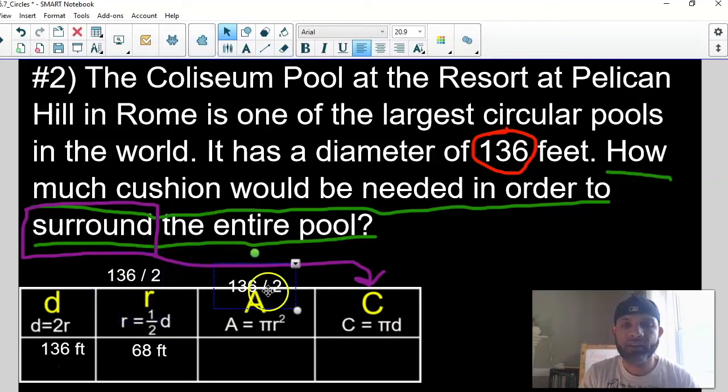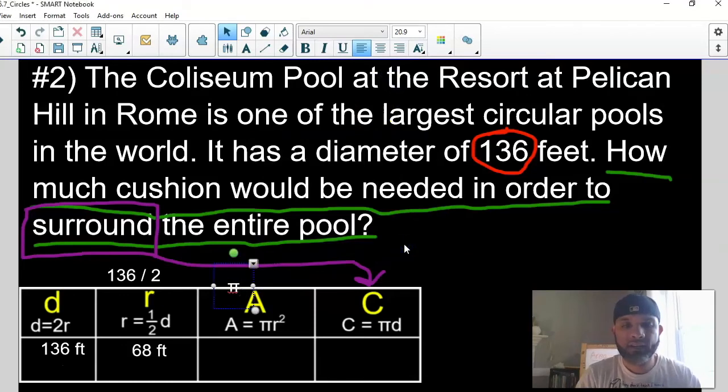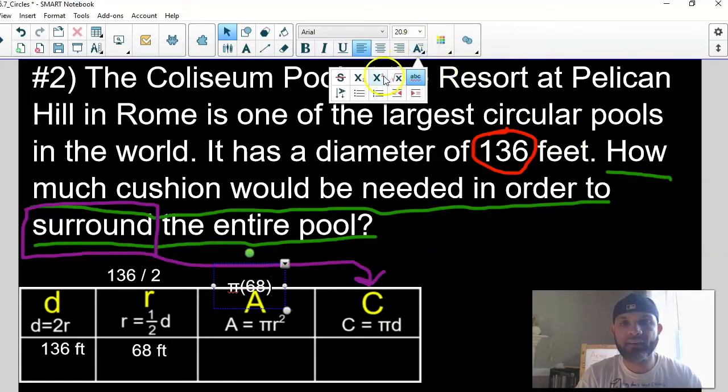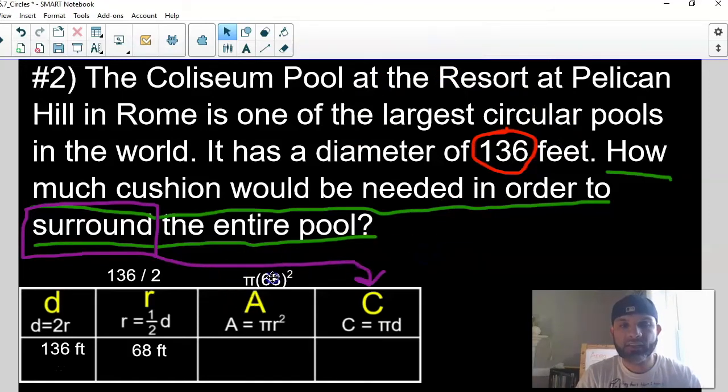Our area is going to be pi times the radius squared. So I'm going to use my pi button. Pi times the radius, 68, and then we're going to square that, using our Desmos, and that'll tell us the area of this pool.